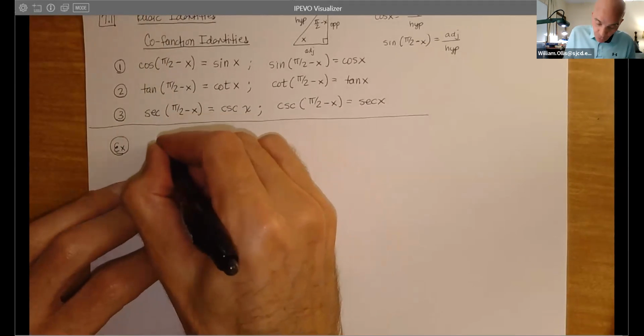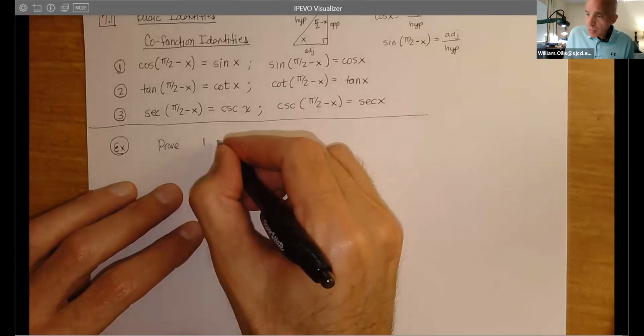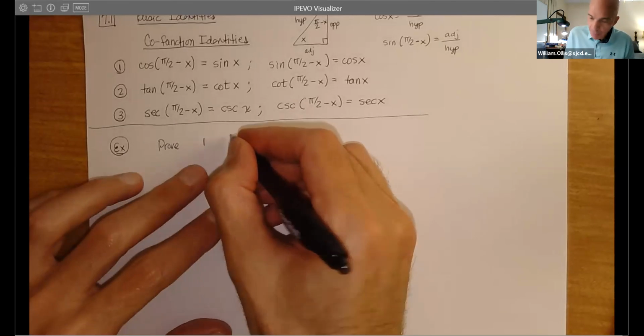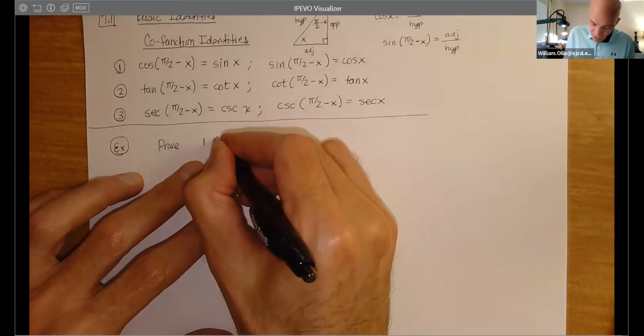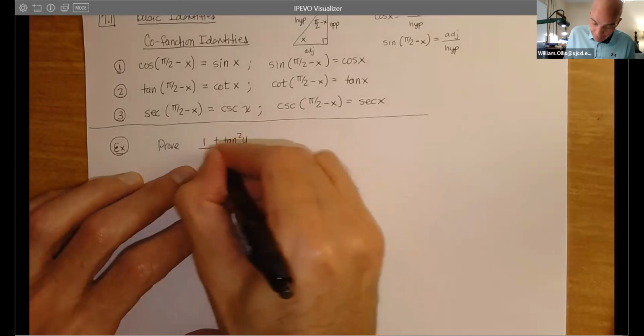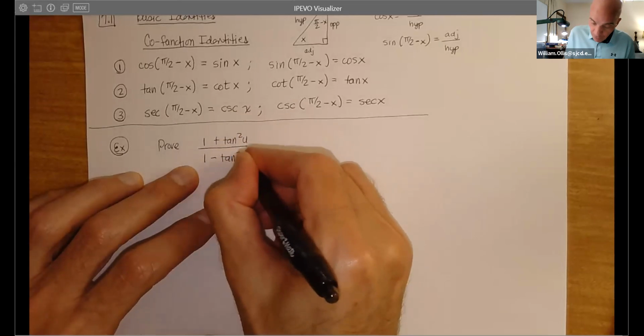So we want to prove, and here in some cases we'll use a u as an independent variable, sometimes an x, it doesn't matter. So we have (1 plus tangent squared of u) divided by (1 minus tangent squared of u).